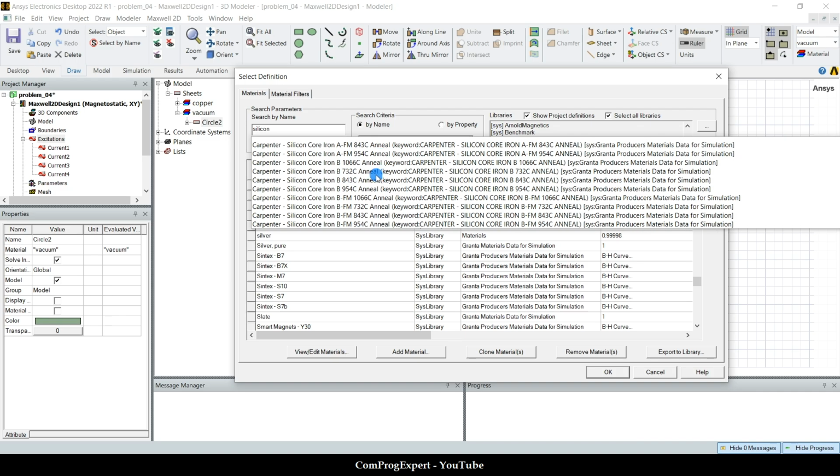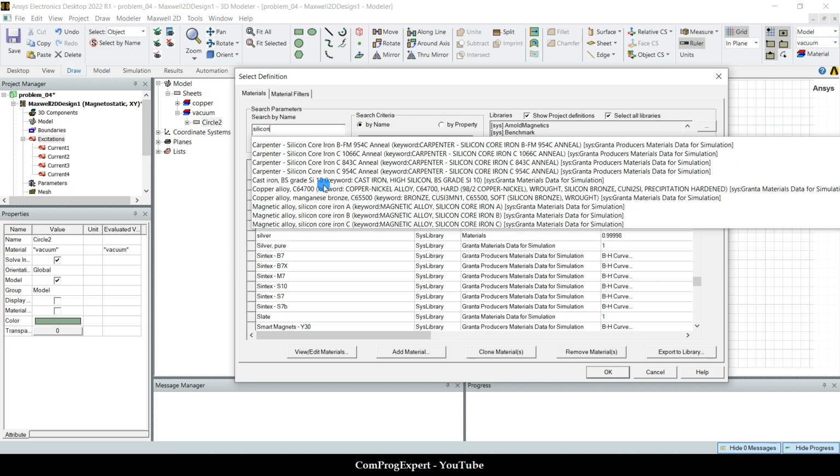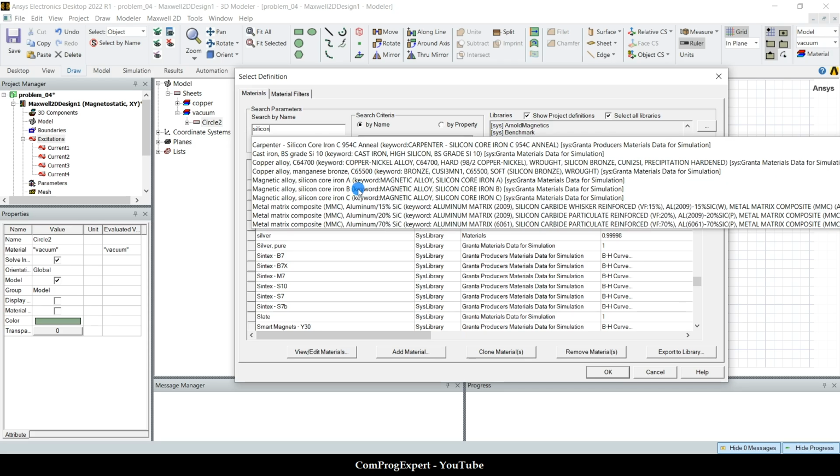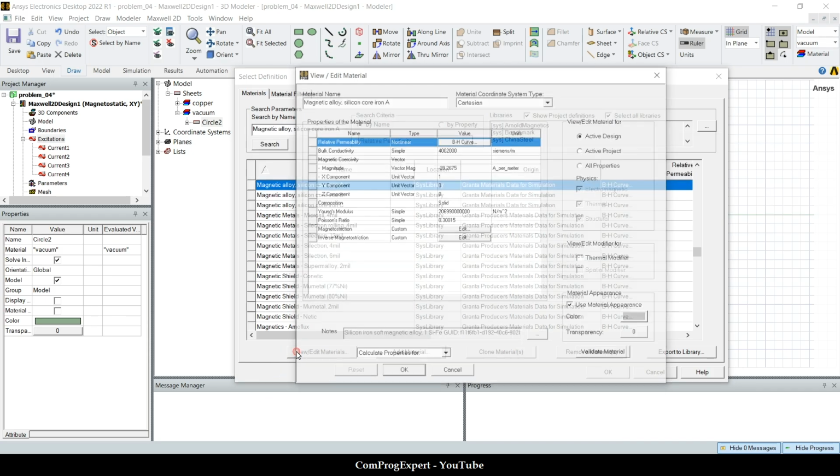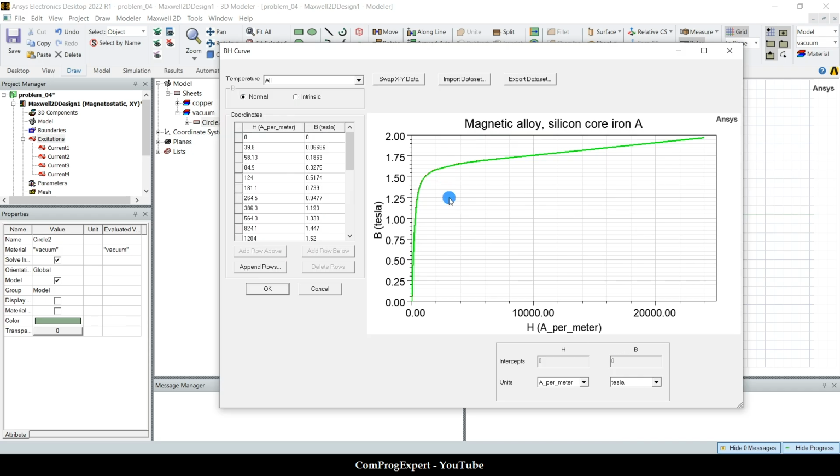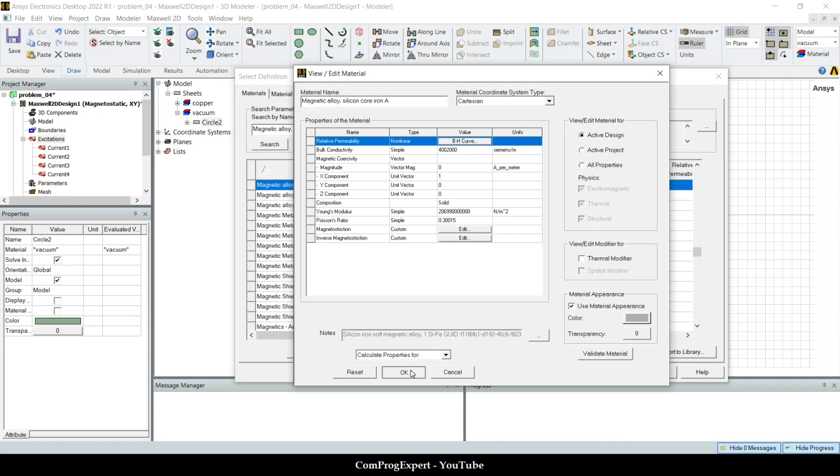We have different materials, different grades for the cast iron, A, B, C. So what is this one? HP curve. Let's add 1.1 Tesla. Yes, this is close to what we need. At 1.1 Tesla, the value of H is 310. So let's continue with this material. Okay.